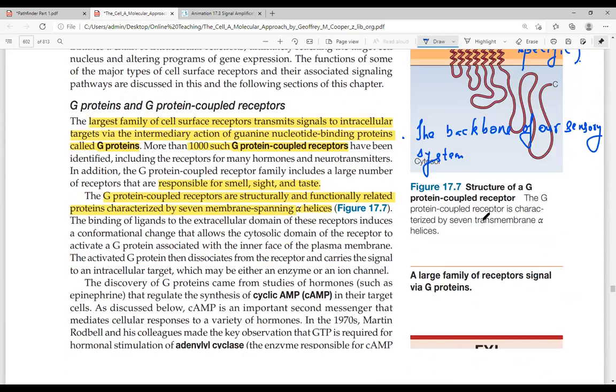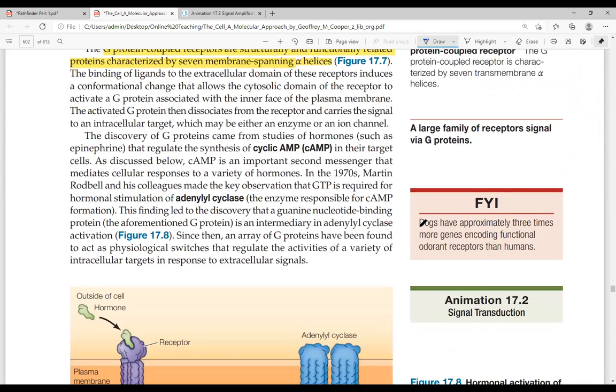In the case of dogs, dogs have approximately 3 times more genes encoding functional odorant receptors than humans do. As they have more types of genes for odorant receptors, they are much more sensitive to any stimulus that might activate them.